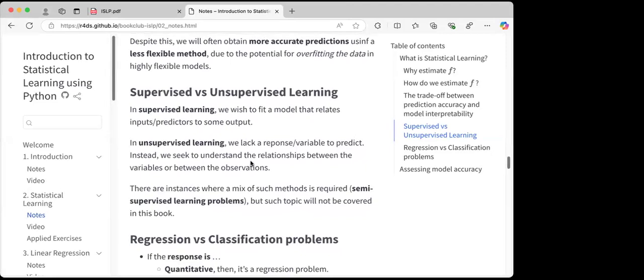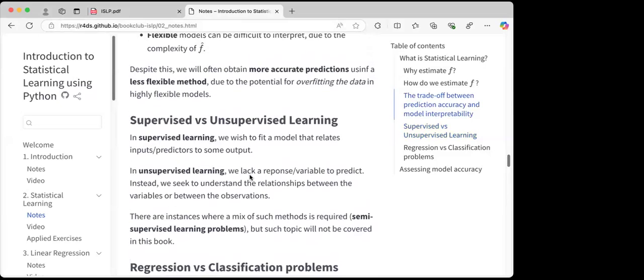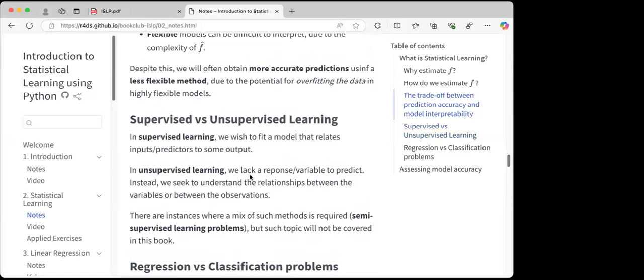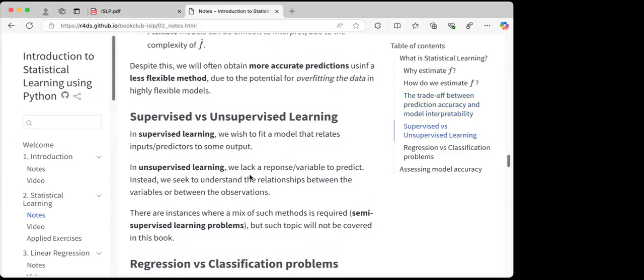So in unsupervised models, we are not expecting any particular response, whilst in supervised learning we expect a response. So far, I think most of the examples he gives are with supervised learning.